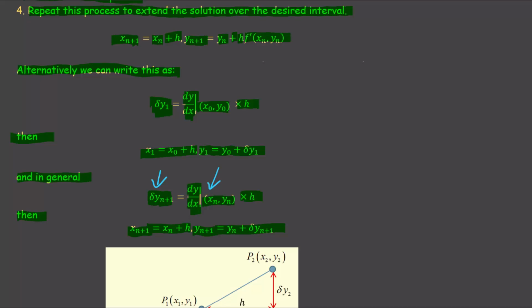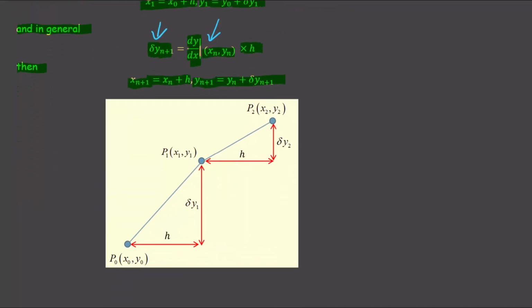Then we get that x(n+1) is xn plus h, and y(n+1) is yn plus delta y(n+1). This diagram might explain that better if it was difficult to understand just from the maths. So we're assuming that we're at the start here. Our first point is x0, y0. And what we do is we calculate the gradient at that point. Now you can view this line here as being part of the tangent field calculated at this point.